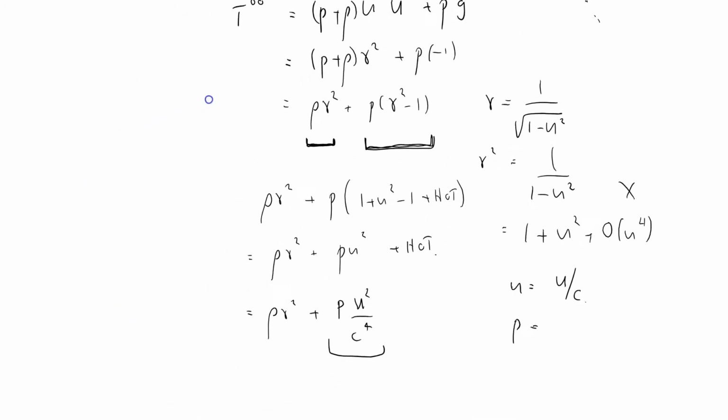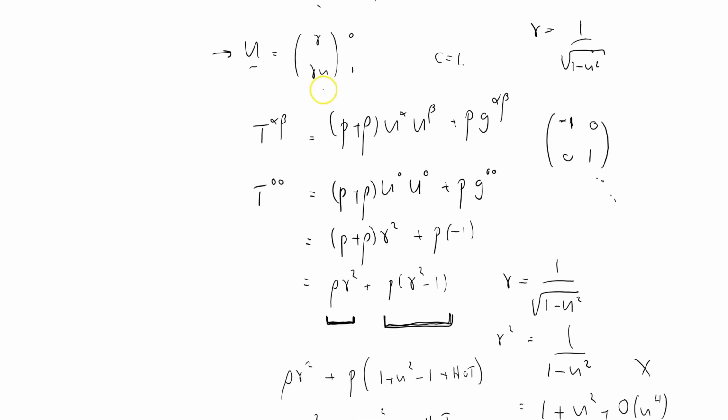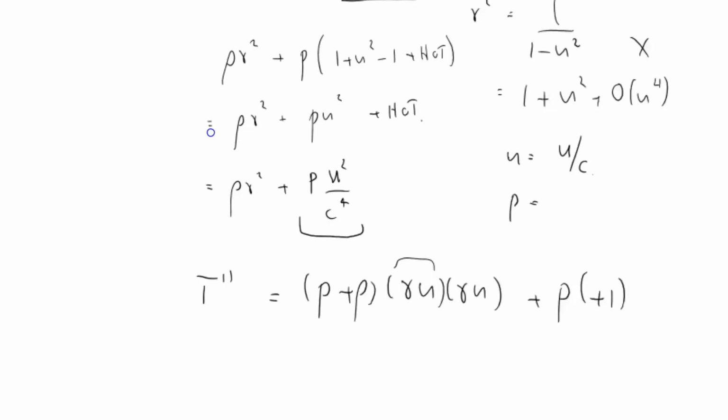Let's just pinch in a little bit and let's work out what T1,1 is. Well, that's again (p plus rho) times gamma u gamma u plus p times plus 1, I guess, this time. These terms here being the relative components, or the space component of your 4 velocity here.